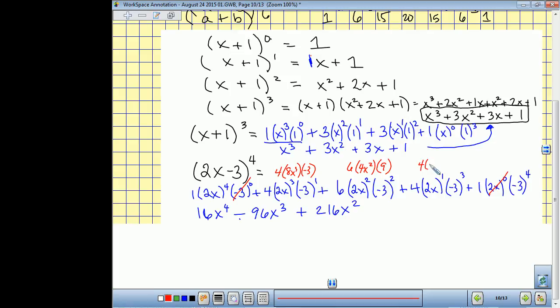Okay, this is 4 times 2x times negative 27. So that's negative 54 times 4. So that is a negative 216. But this time it's negative 216x instead of 216x squared. And then 3 to the 4th power is just like 9 squared, isn't it? So it's 81.